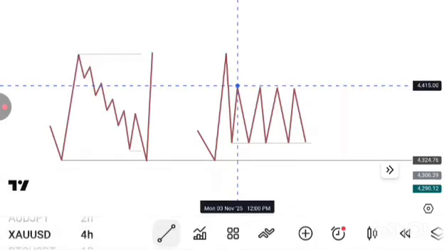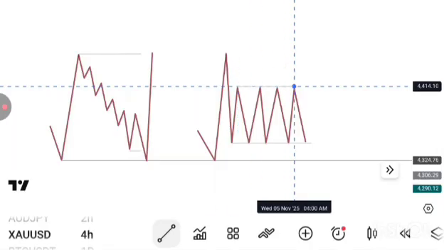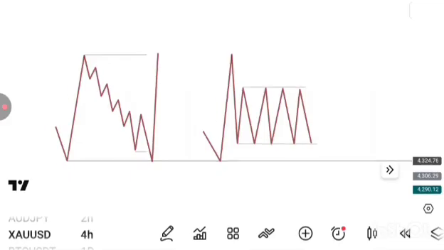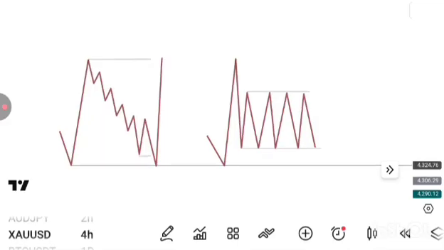Because these levels are actually target points. These are liquidity levels. Price is actually generating liquidity so that it could fuel it to either the upside or the downside, and this works with the overall direction of the trend.